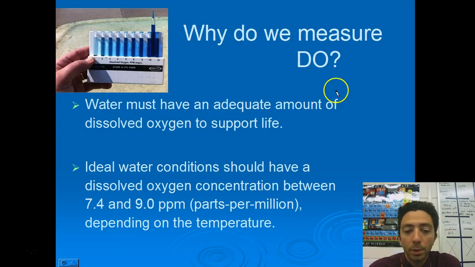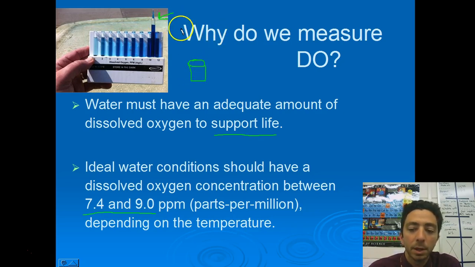How do we measure it, or why do we measure it? We measure it because it's there to support life, and the ideal range here is between 7.4 and 9 ppm. We measure it using these SNAP tests, and we've used them before, but just to refresh your memory, you would take a sample of water in one of the little SNAP beakers and use the fresh SNAP test in it.